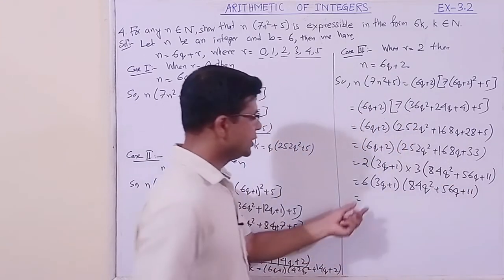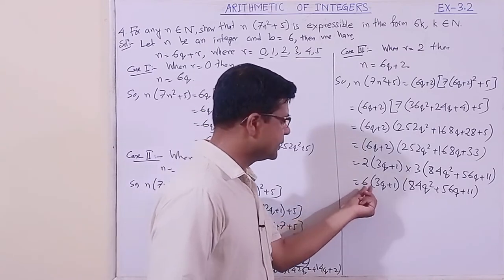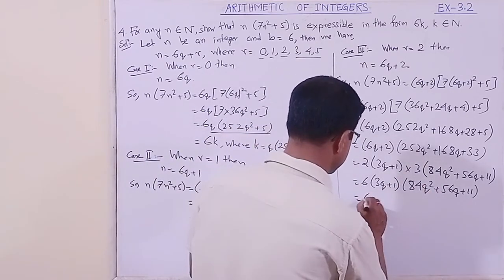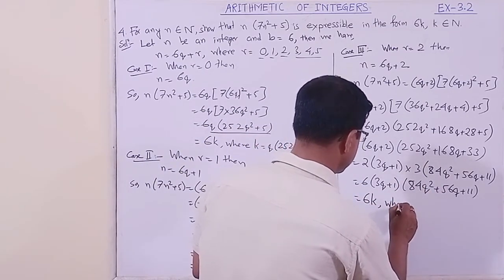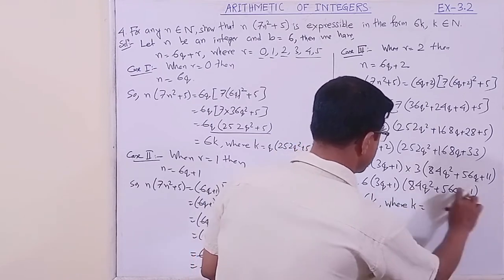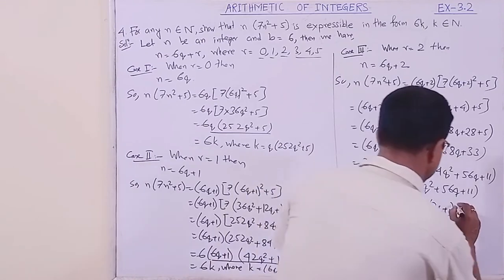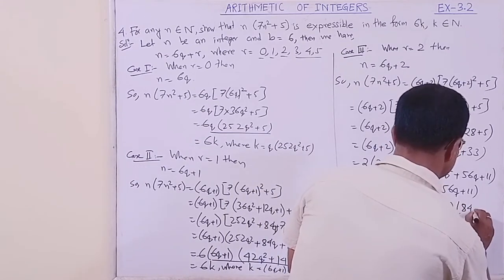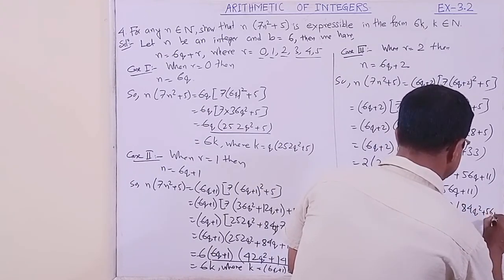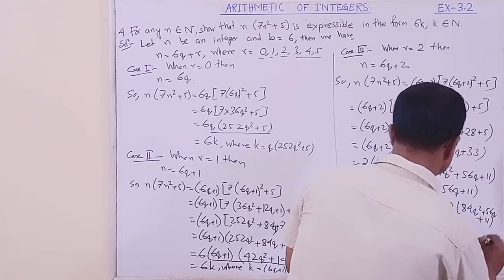Now this one we have expressed in the form of 6 into something. So this is 6k, where k equals this part, 3q plus 1 into 84q square plus 56q plus 11.